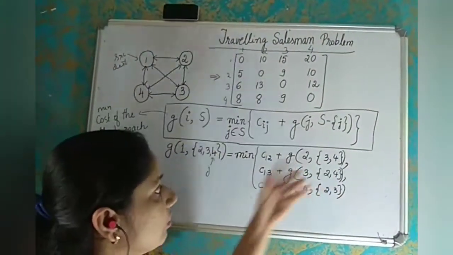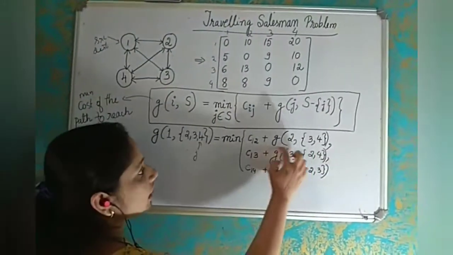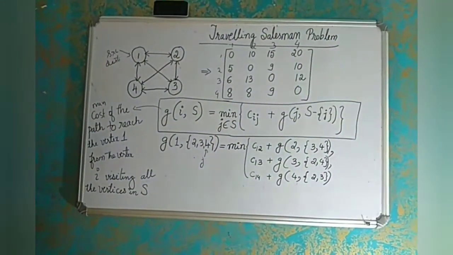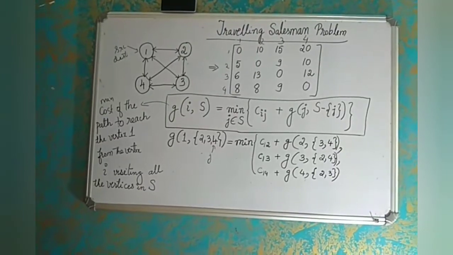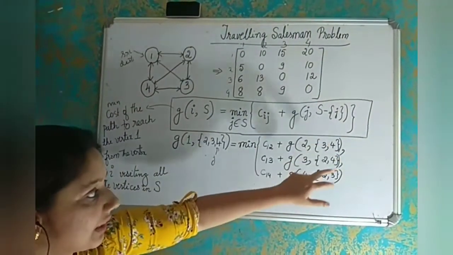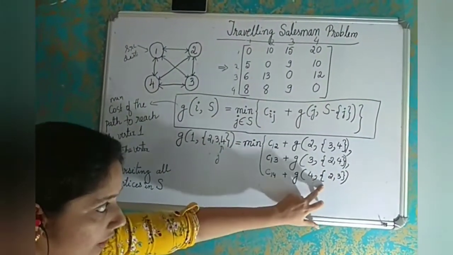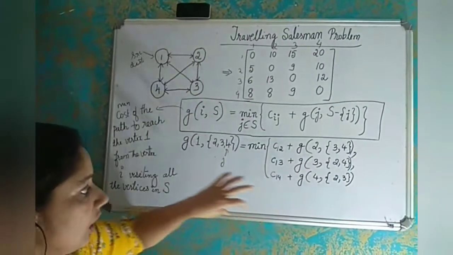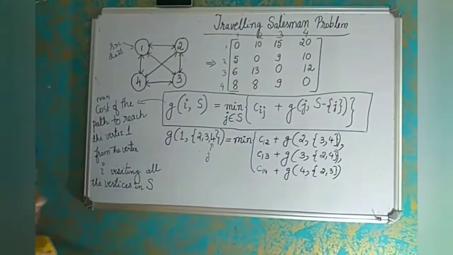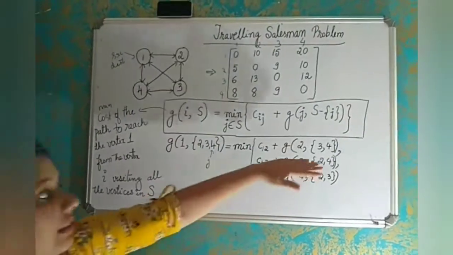Now from this you can say that again these values are not direct. We don't have the direct solution for this. So what do we have to do? Again you have to expand this, and this, and this also. Again you will get a set of values, and in that also you will have this type of terms.